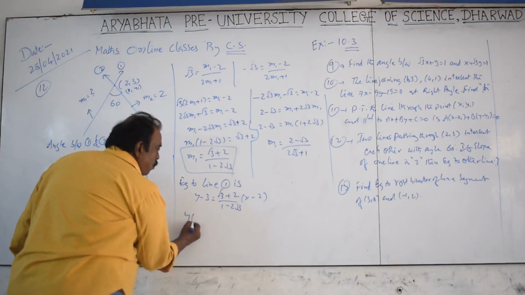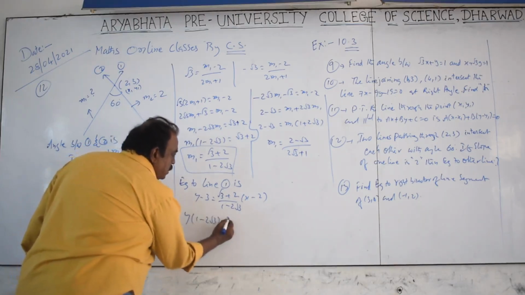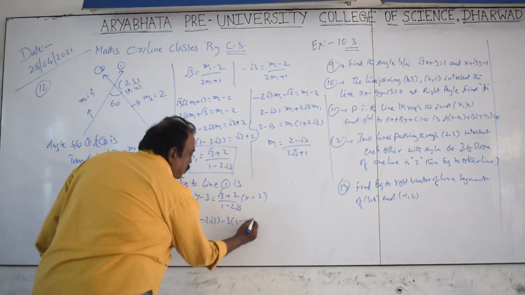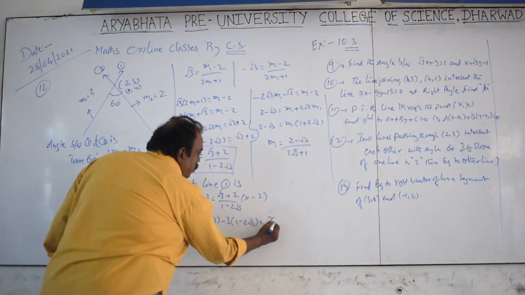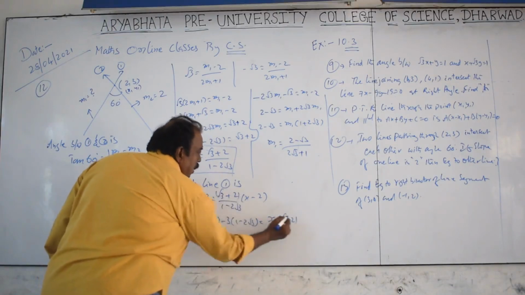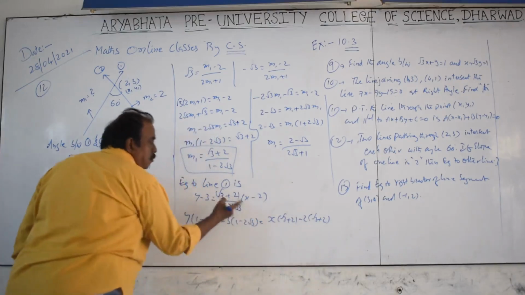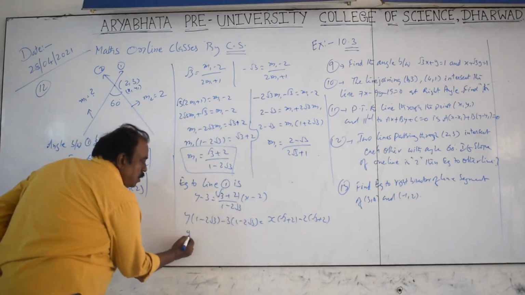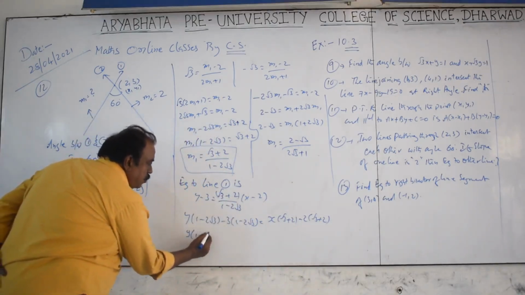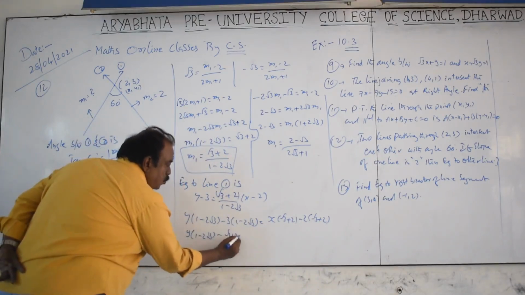That is y of (1 minus 2 root 3) minus 3 of (1 minus 2 root 3) is equal to x of (root 3 plus 2) minus 2 of (root 3 plus 2). Don't confuse it. It is y of (1 minus 2 root 3) minus (root 3 plus 2) of x.